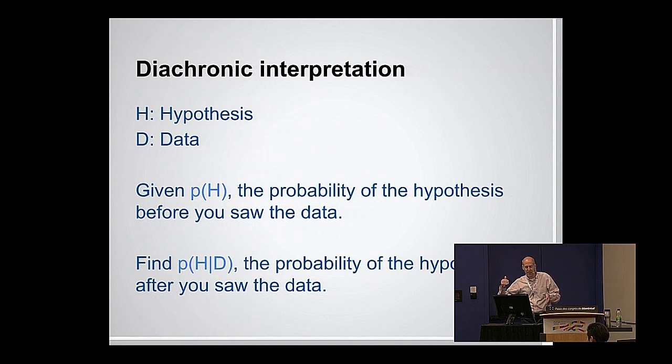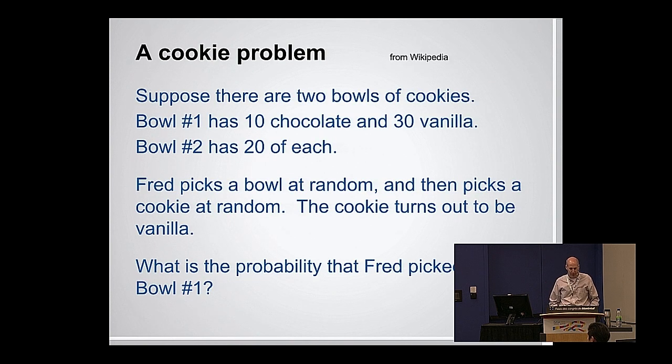The Bayesian update means that you start with a prior belief, which is P of H. That's what you believed about the hypothesis before you saw the data, and you're trying to compute a posterior probability, which is what you should now believe about the hypothesis now that you've seen the data. So every time I use the word update, that's what I'm talking about.